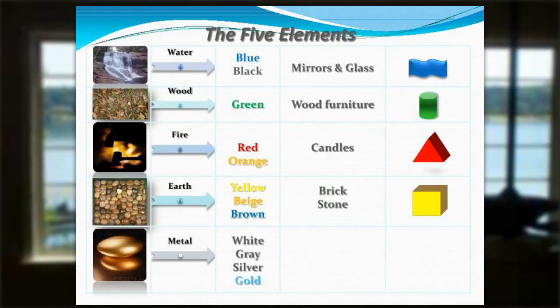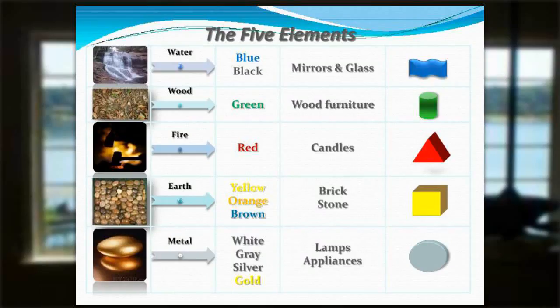White, gray, silver, gold, brass, bronze are all colors that would give you the metal element if it's needed. White is one that a lot of people actually forget, so keep that in mind. And metal can be brought in by metal lamps, stainless steel appliances, for example. And the shape is a sphere or a circle.